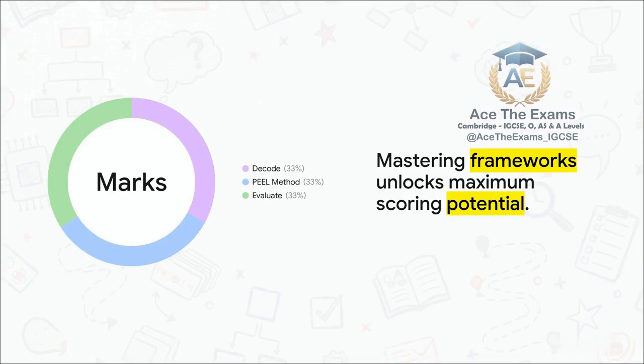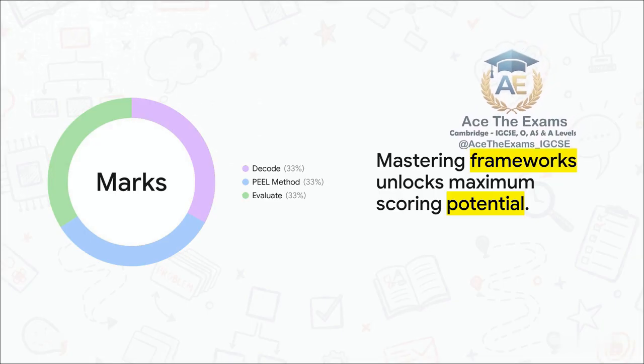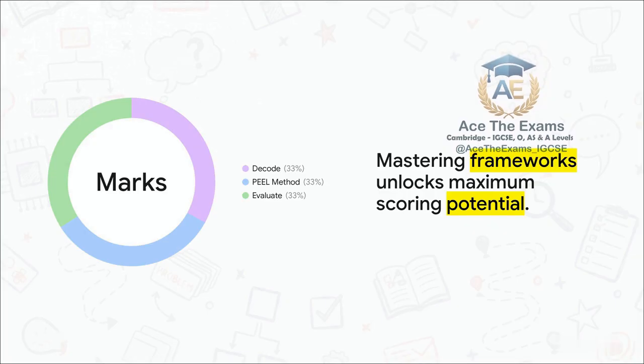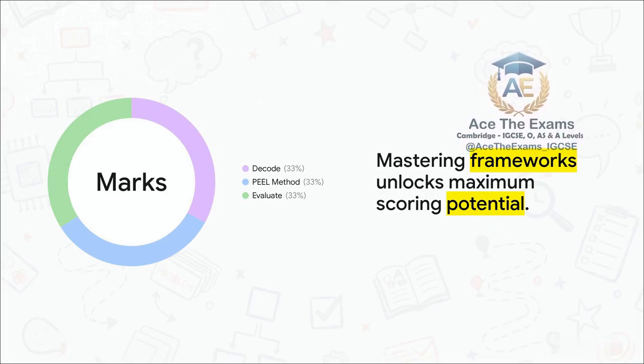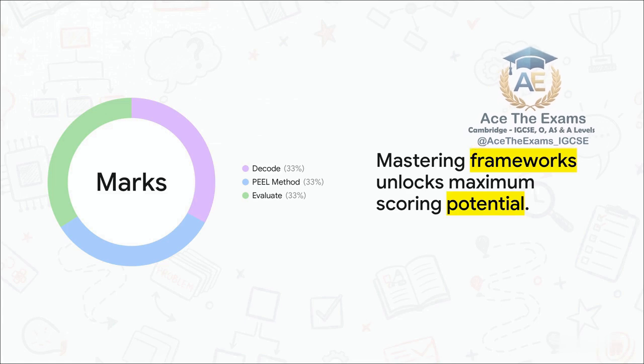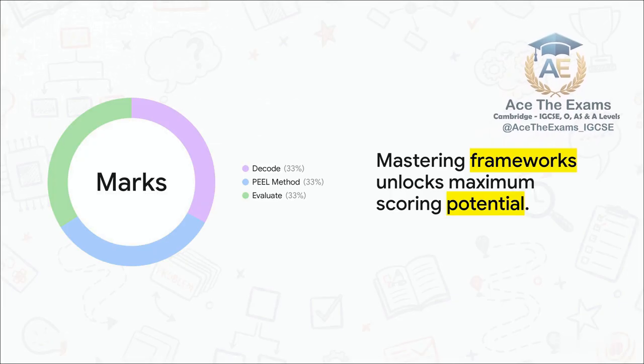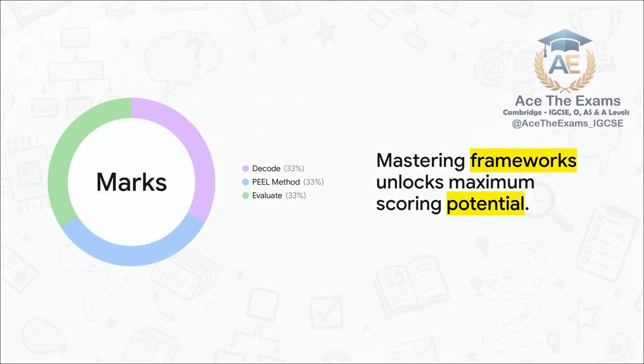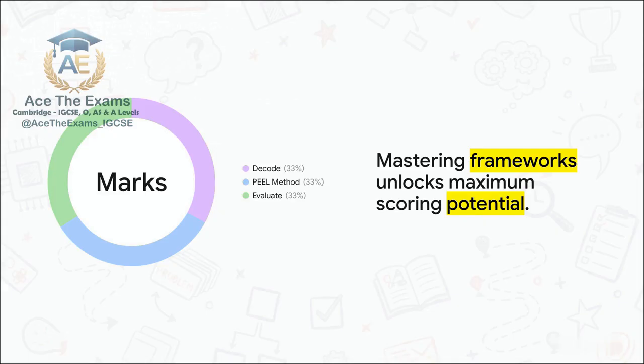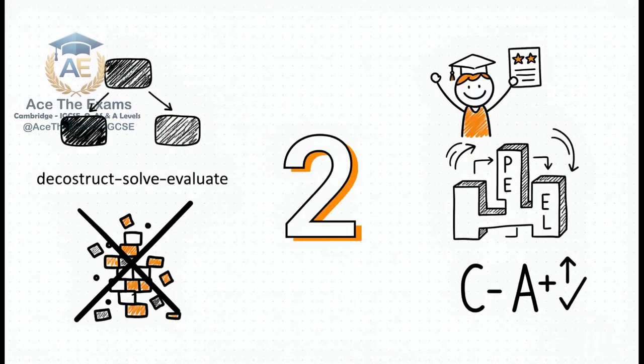If you diligently decode command words so you actually answer the question they asked, apply PEAL to structure your logic clearly, and use the deconstruct, solve, evaluate matrix to check for reasonableness and edge cases, you will mathematically maximize your scoring potential. You're moving from just blindly guessing what the examiner wants to systematically providing the exact conceptual proof they are legally required to give you marks for. It's a game changer. And hey, the proof is in the results.